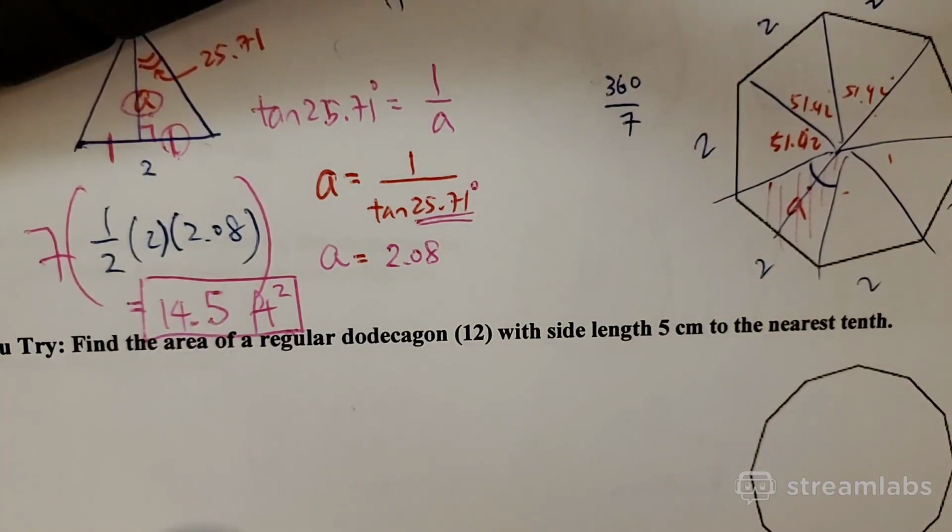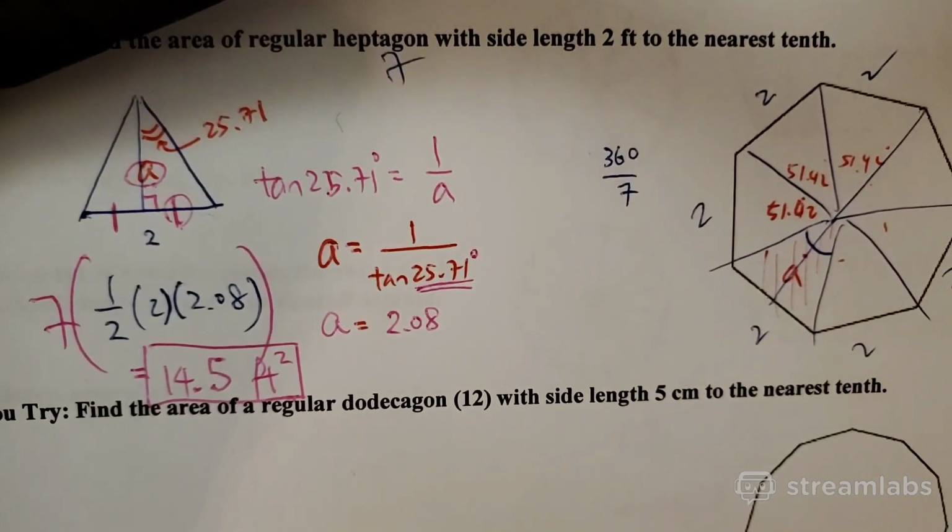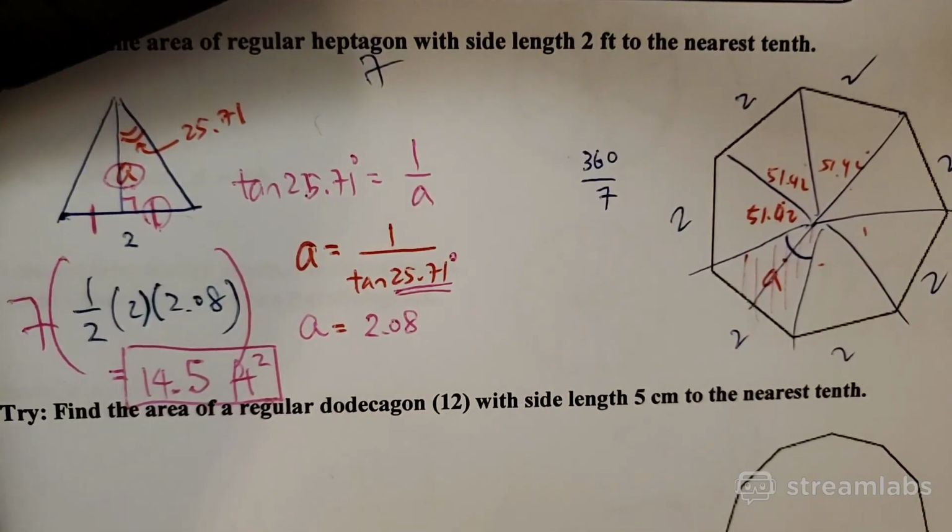All right. Comfort level from 1 to 10 about this kind of problem, finding area of a polygon. Give me a number, 1 to 10.